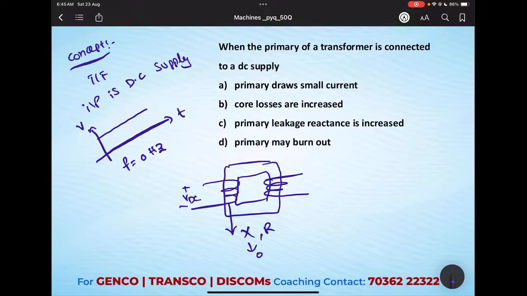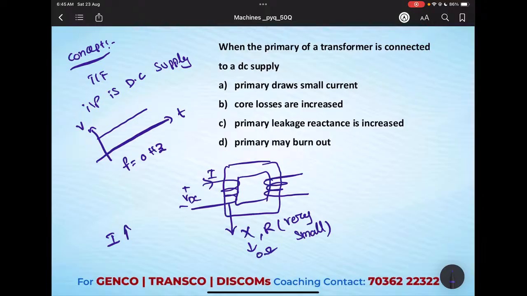The reactance offered by the core is going to be 0 ohms. Only resistance will be there. We know that the resistance of a transformer is very, very small. So the current flowing through the core will be very high. Current drawn by the core is very high.